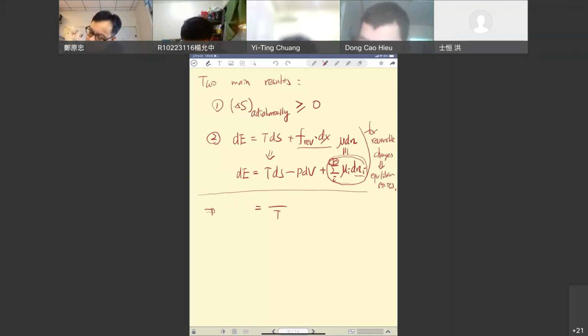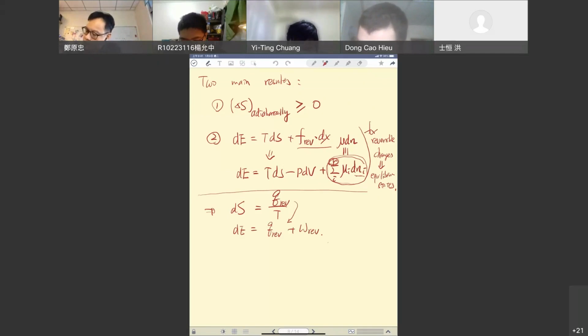If we know dS is dQ reversible over T, and also the change of energy is dQ reversible plus dW reversible, then why can we just substitute this and come up with this equation? Is that your question, right?